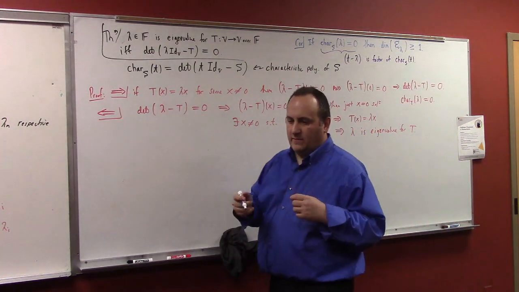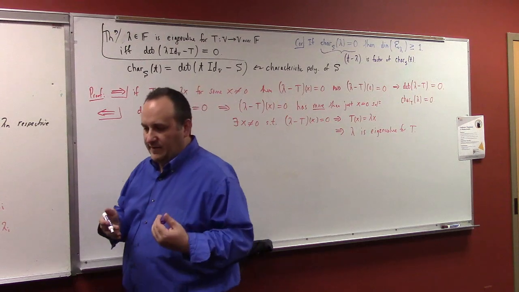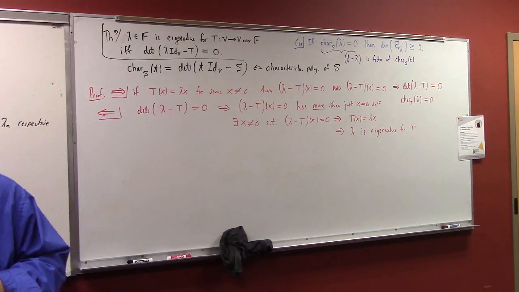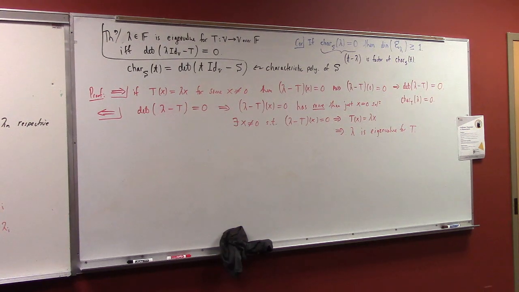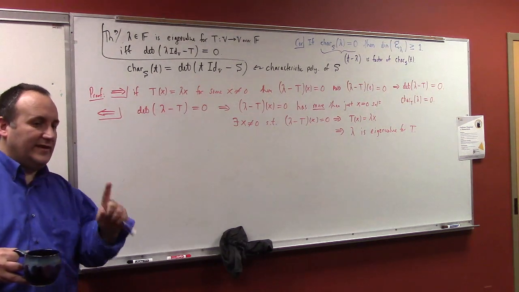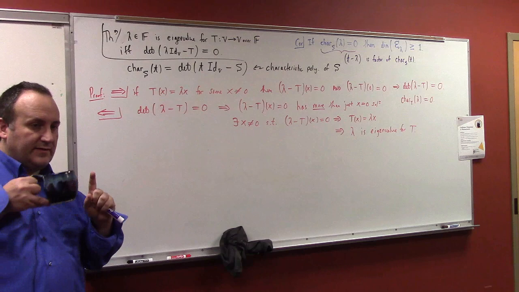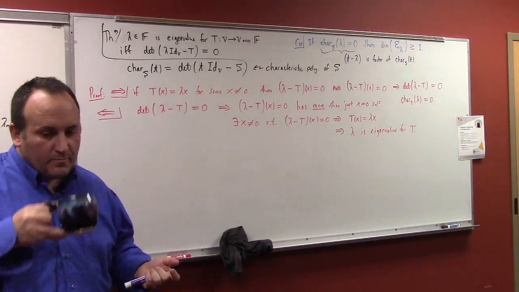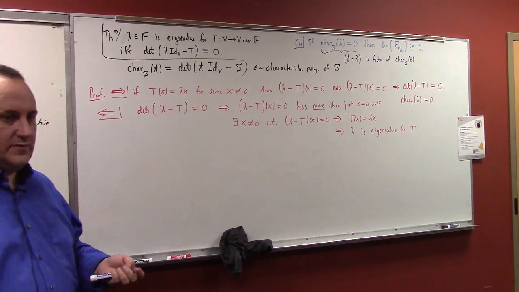So if you have a factor corresponding to lambda in the factorization of your characteristic polynomial, you necessarily have an eigenspace of at least dimension 1, because there has to be at least one non-zero vector. Now there could be many. So far so good?